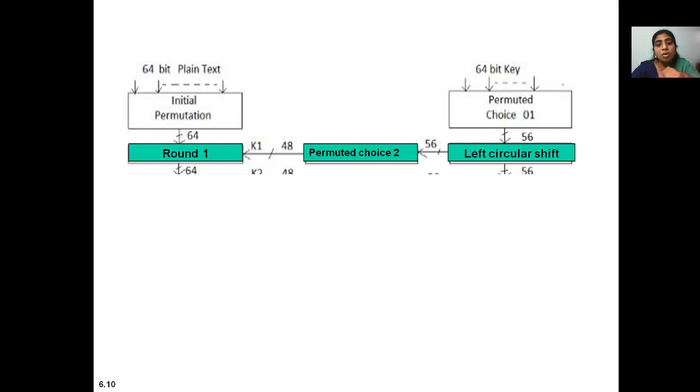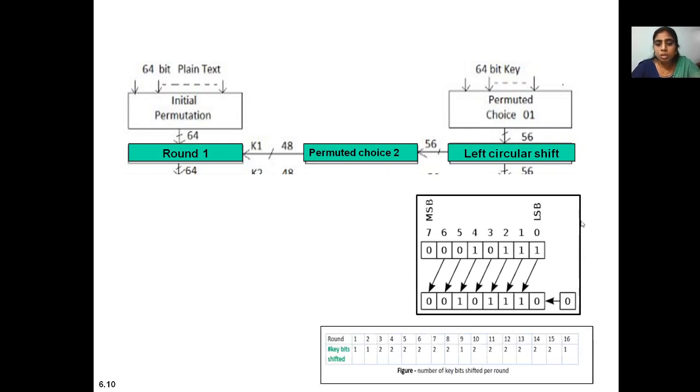But other than these, we shift left by 2 bits. You can observe this over here.